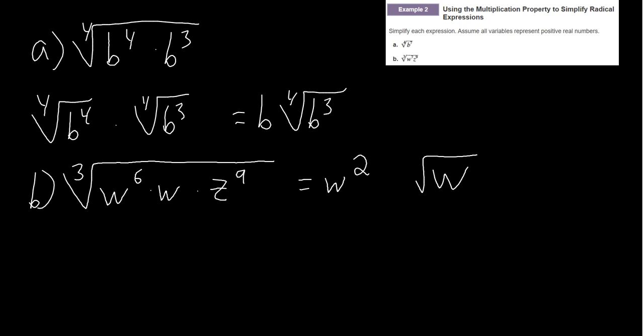Then we have z to the ninth. What is the cube root of z to the ninth? Well, that's just 9 divided by 3, which is 3. So it's going to be z cubed. And that takes care of example 2b.